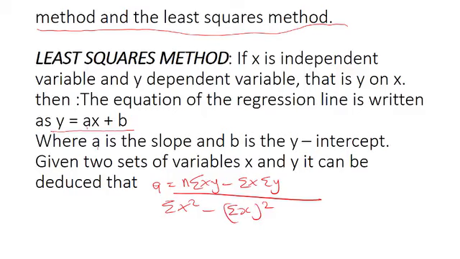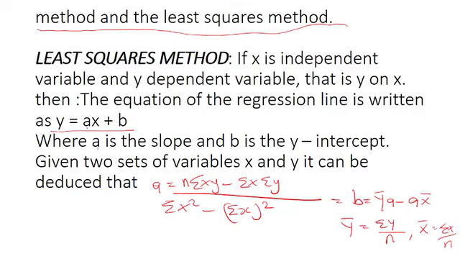Then after getting this, the value of b will be equal to y bar minus a times x bar. Here y bar is equal to summation of y over n, and x bar is equal to summation of x all over n.